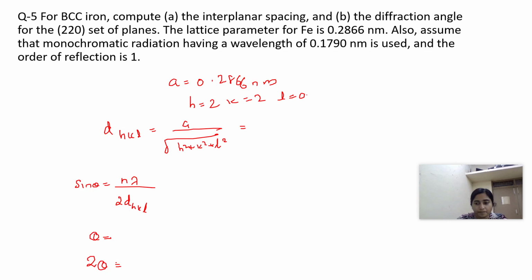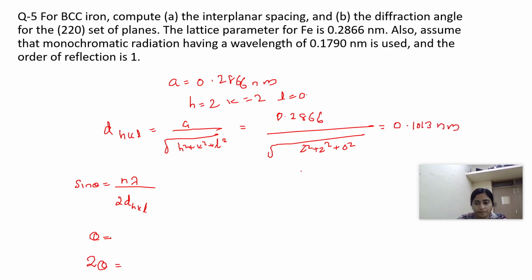How much are we getting as the answer? You have to substitute. d is equal to 0.2866 divided by root of 2 squared plus 2 squared plus 0 squared, so you will get approximately 0.1013 nanometer.